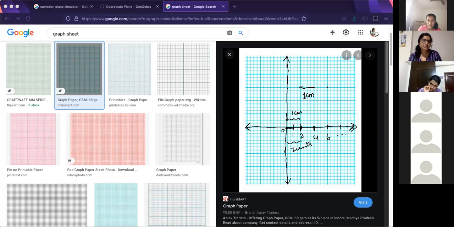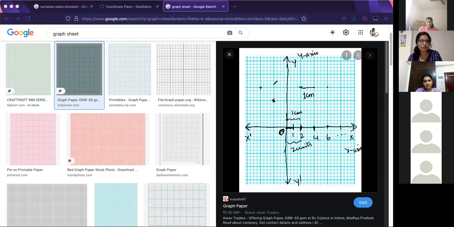But compulsorily you need to mention the origin 0 or O, mention your x dash. So this is positive x, y dash. You can also label it as y axis and x axis. So these are your labeling. And whenever you plot points, it's a good habit, for clarity, to plot them with a tiny x.